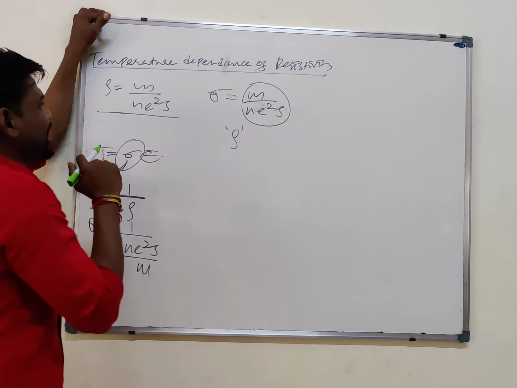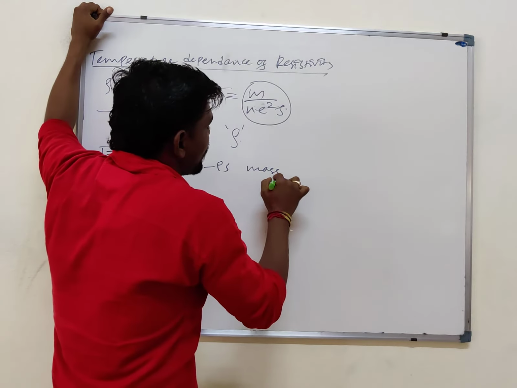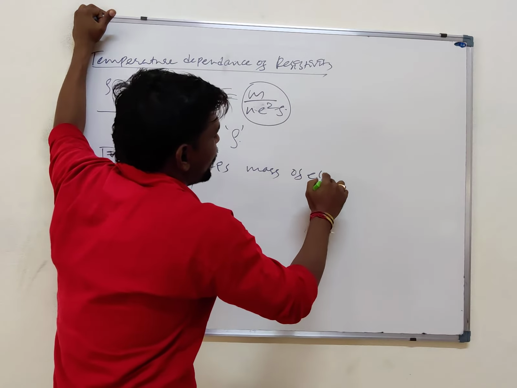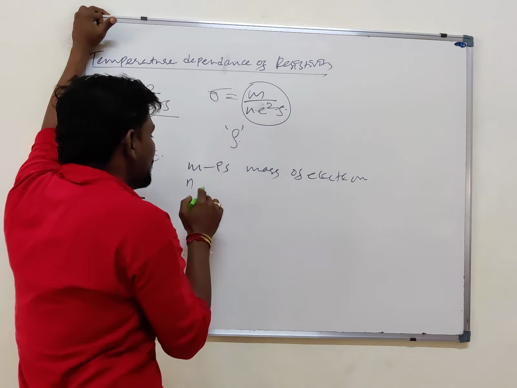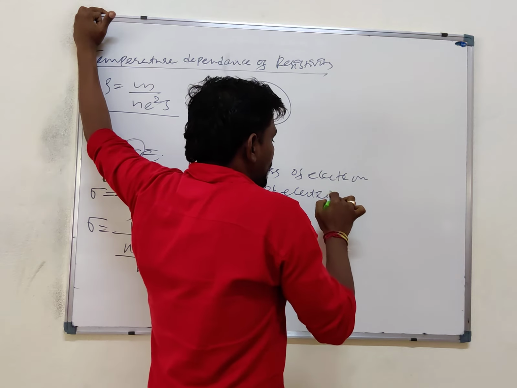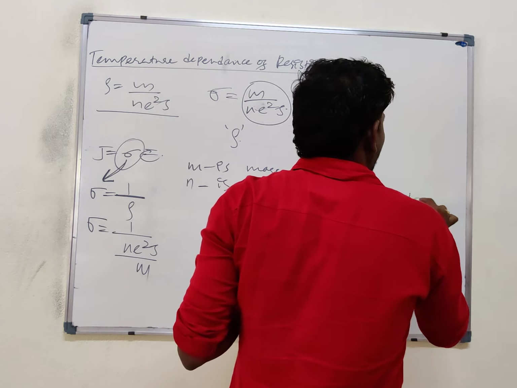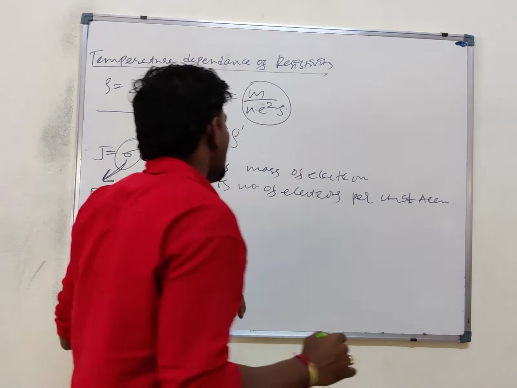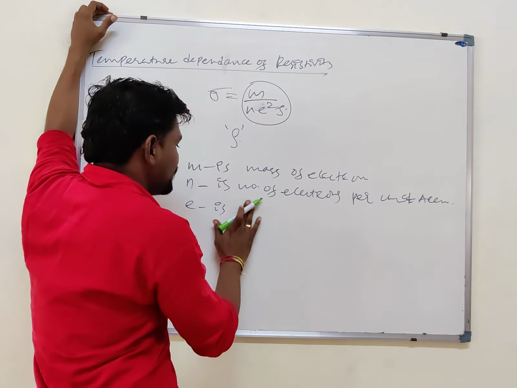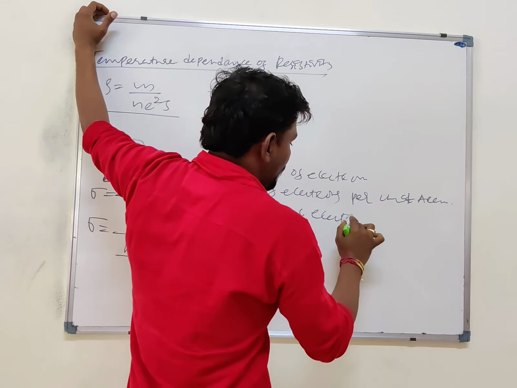Right? So in this case, here m is mass of electron. n is number of electrons per unit volume. E is charge of electron.